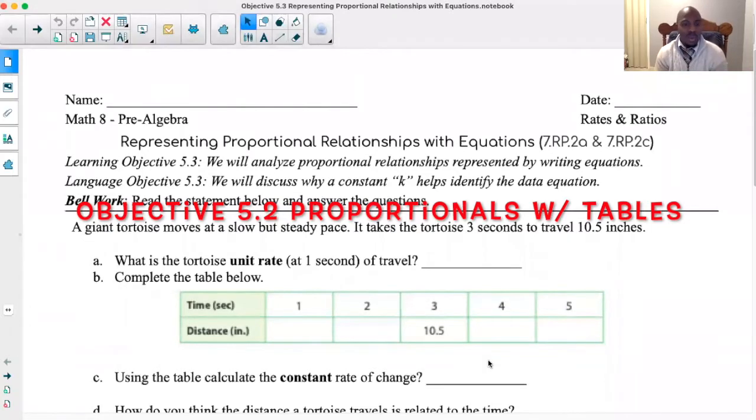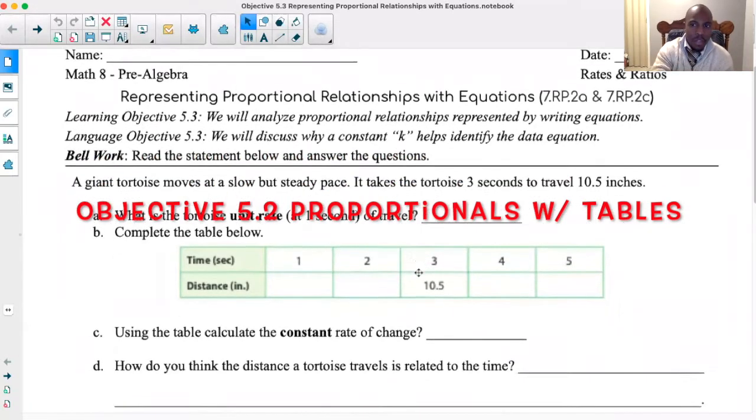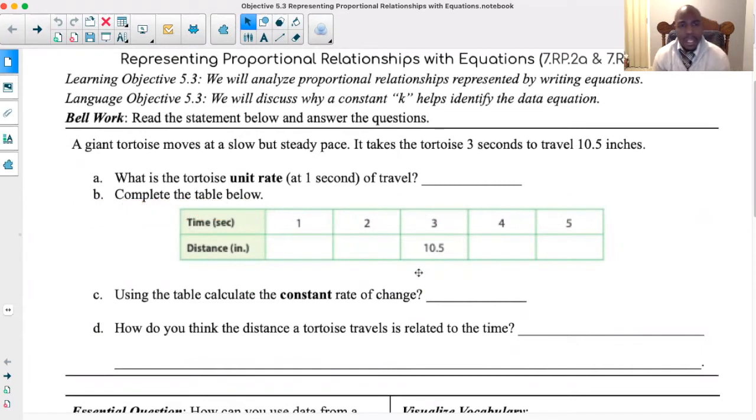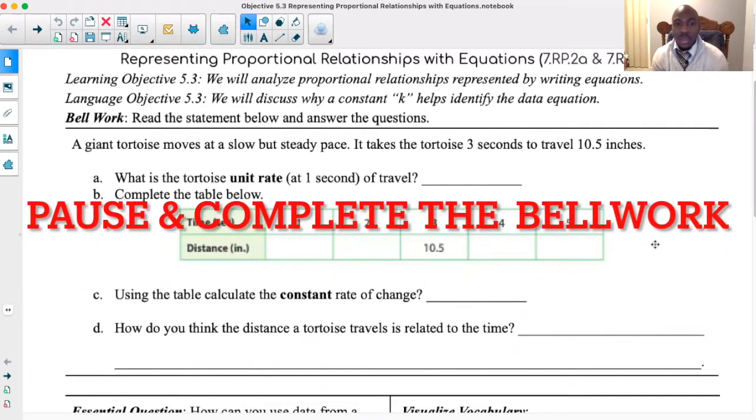As usual, take a moment to pause the video now to begin to work on the bell work, and it reads as such. I want you to find the unit rate, which is at 1 second for how fast this particular turtle travels, and they tell you a scenario at the top about it taking 3 seconds to travel 10.5 inches, and you kind of see that displayed on this table. I want the unit rate, which is a distance per second, so at 1 second, and I want to fill in the rest of this table.